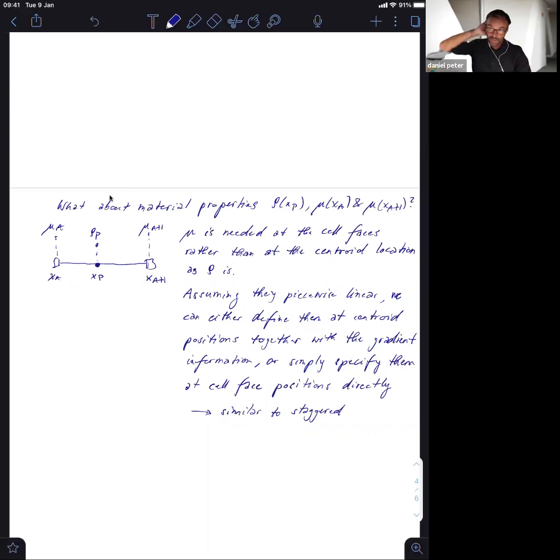For simple homogeneous cases, you can show that they are actually related to each other. Staggered grid finite difference approaches.